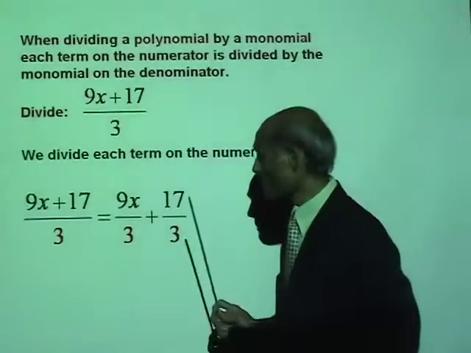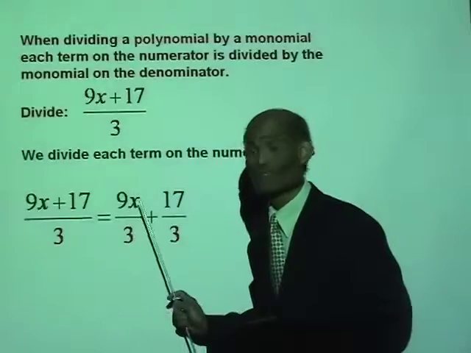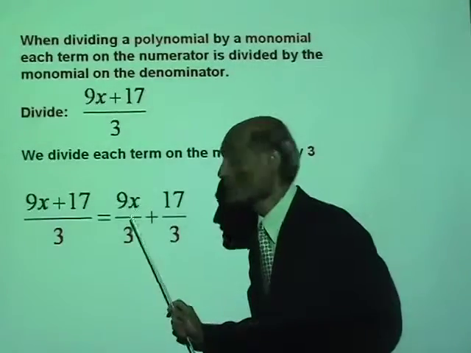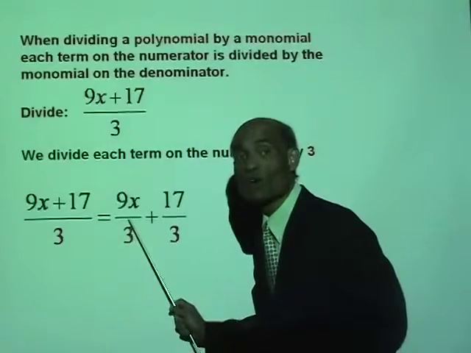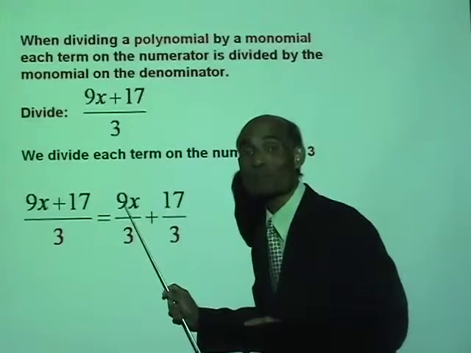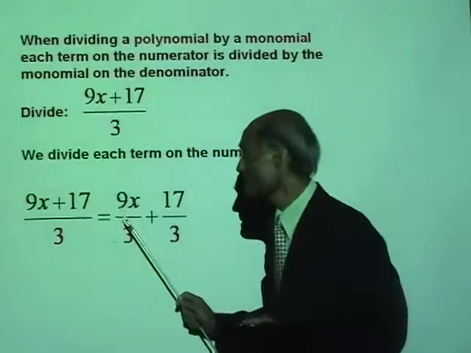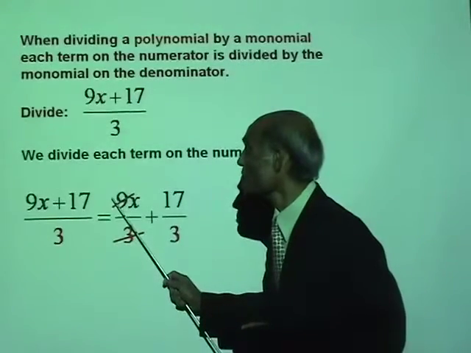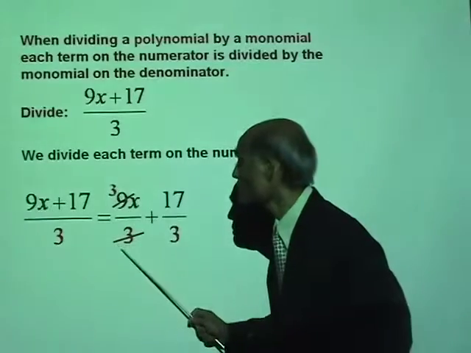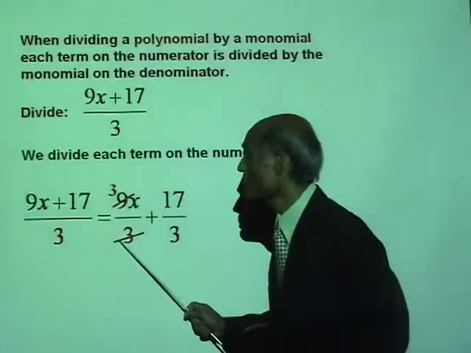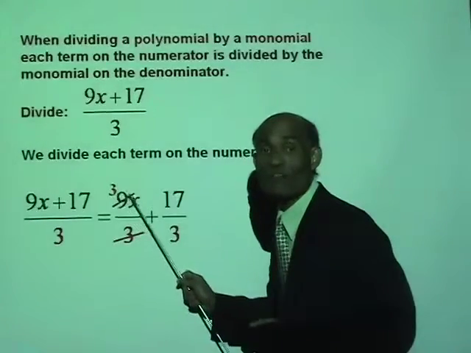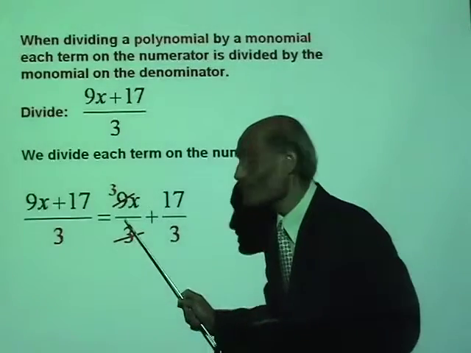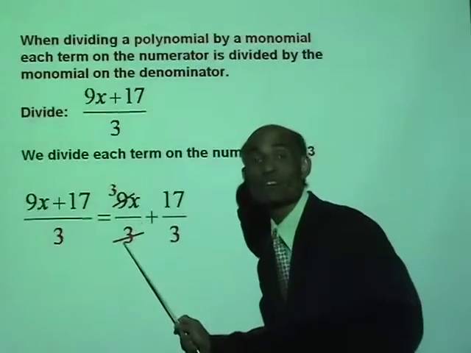Okay, can you simplify any of these terms? You see, in the first term, the 3 on the denominator will go 3 times in 9, right? So what is this term now? 3x on the numerator and 1 on the denominator, which will simply be 3x.